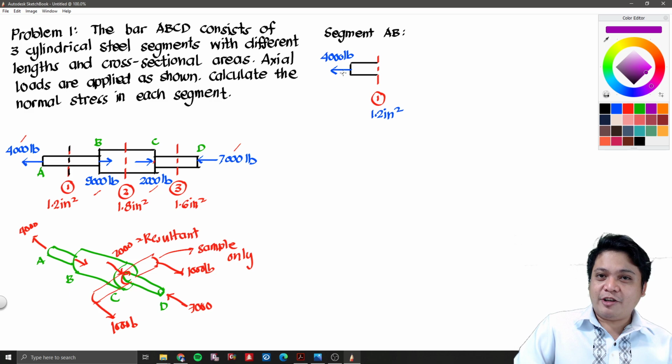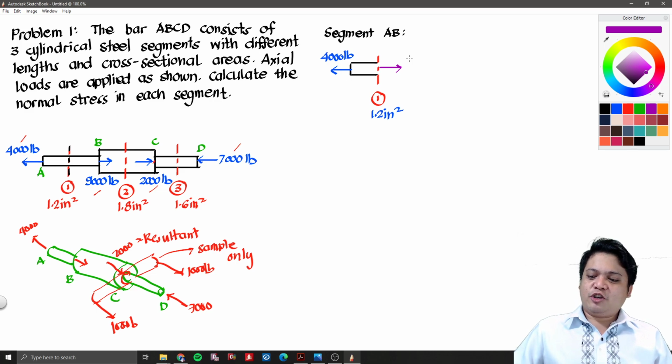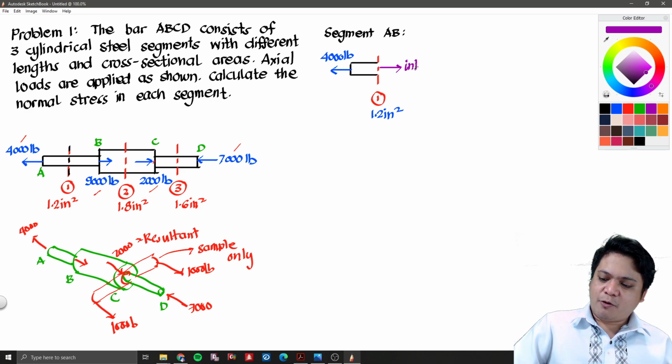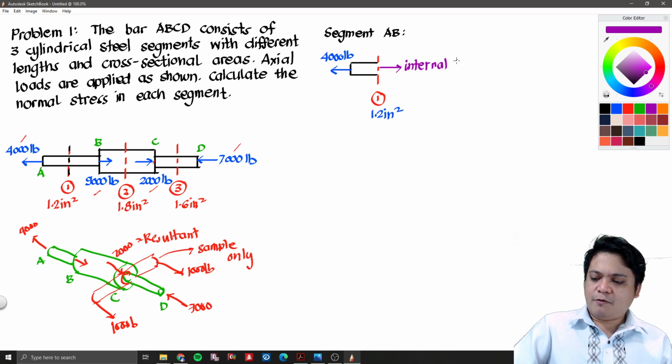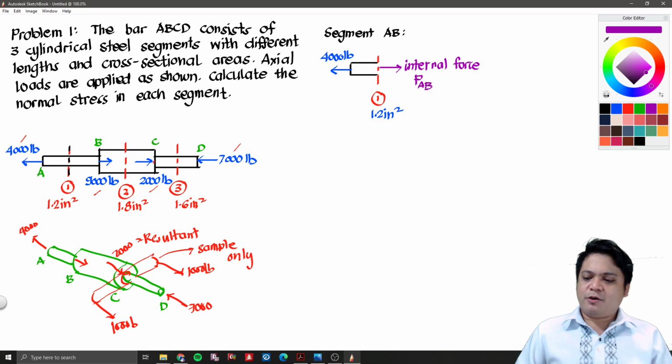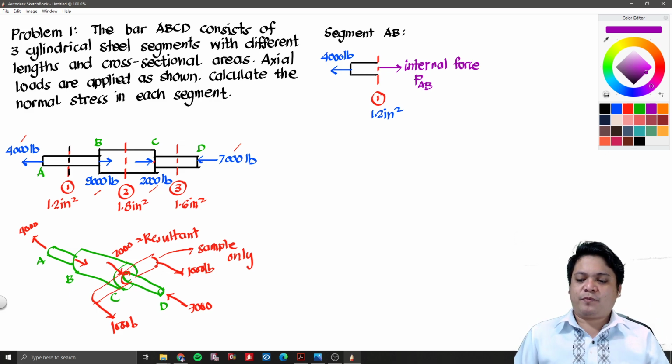Yung force ko na to is pakaliwa. So, technically, yung isa is pakanan. Okay? So, ito yung ating internal force. Internal force. And tatawagin ko yung P, A, B. So, para alam ko that is the force on the section AB. Okay? So, meron tayong dalawang klase ng force, no?